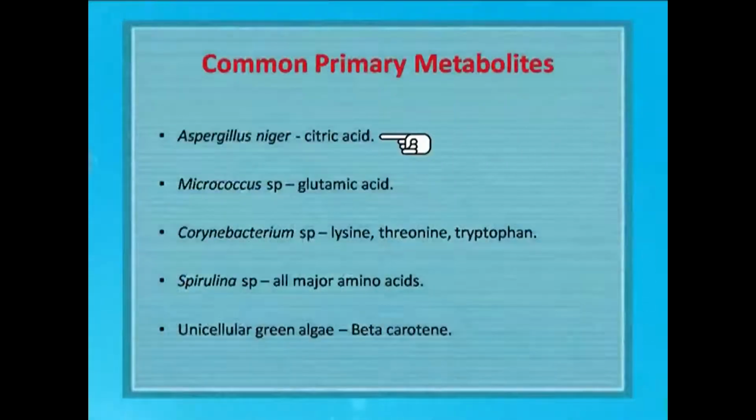And these primary metabolites will include citric acid, which is produced by Aspergillus niger, glutamic acid, which is another amino acid generated by Micrococcus, Corynebacterium, which is producing amino acids like lysine, threonine and tryptophan. Spirulina can be producing protein. Green algae can be producing pigments like beta carotene. So these are some primary products because these products are also being utilized by those particular microbes.